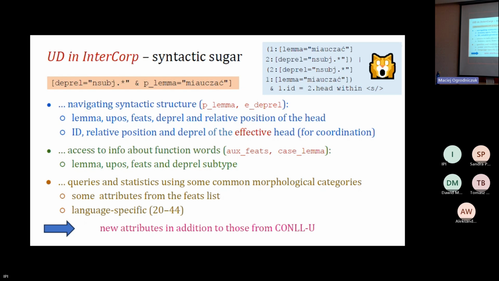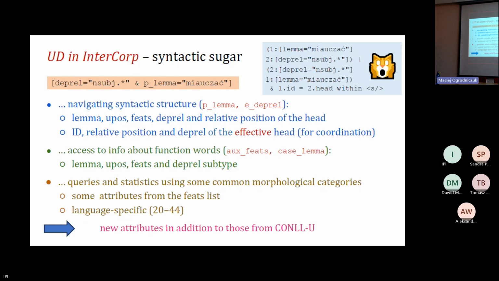So this P lemma is what we say about the head, about the parent, and also if you have coordination, maybe you would like to say, I'm not really interested in what my first conjunct is. If you have mom and dad went to the cinema, the parent, the head of dad is mom. Maybe you don't like this. Maybe you want to know that the head is šli, went.